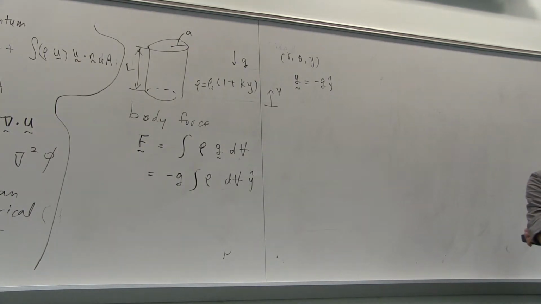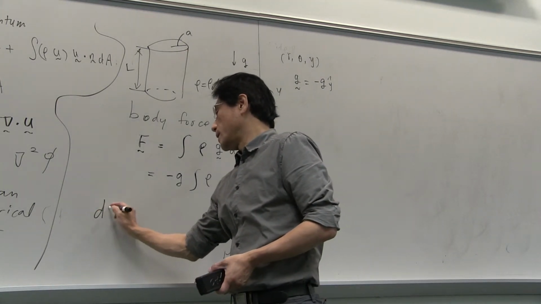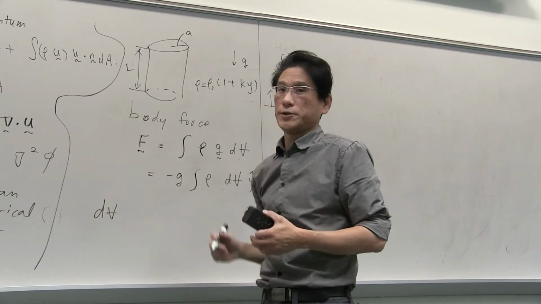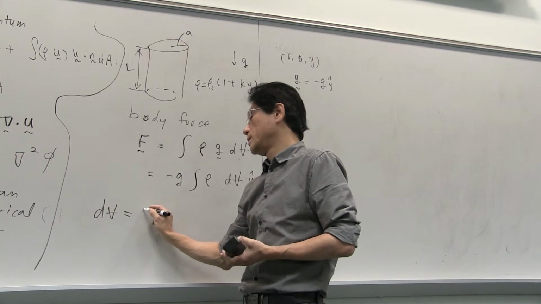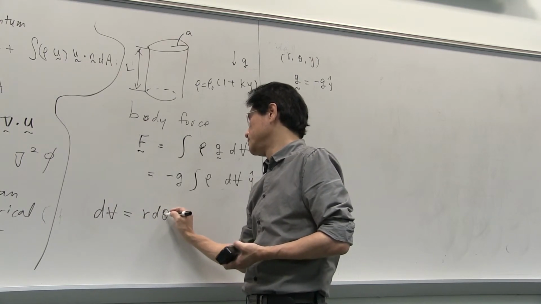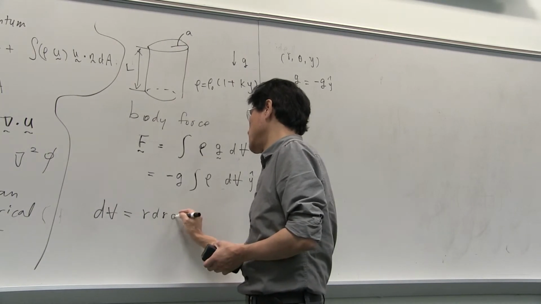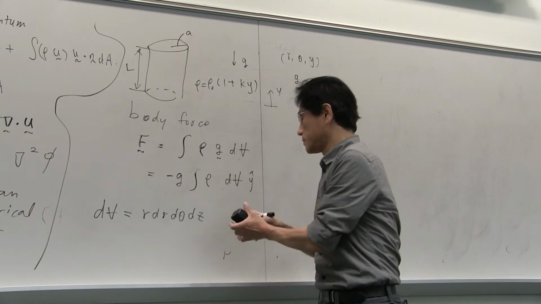What is your volume in cylindrical coordinates? This may be useful to write in your formula sheets. In cylindrical coordinates, the volume element is r dr d theta dz, and here z must be y.